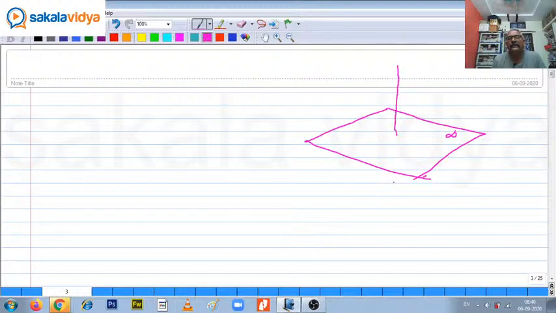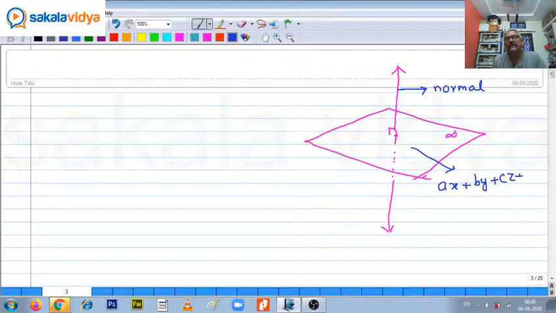Normal means perpendicular, so this is perpendicular to this one. This is called the normal. The equation of the plane is ax plus by plus cz plus d equal to 0.